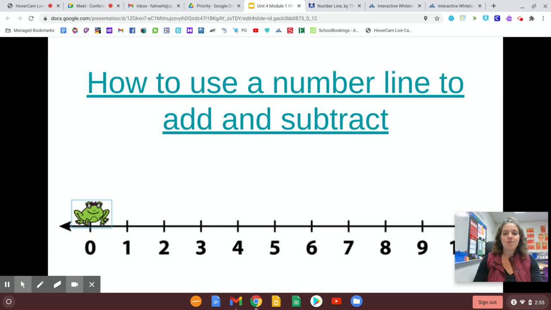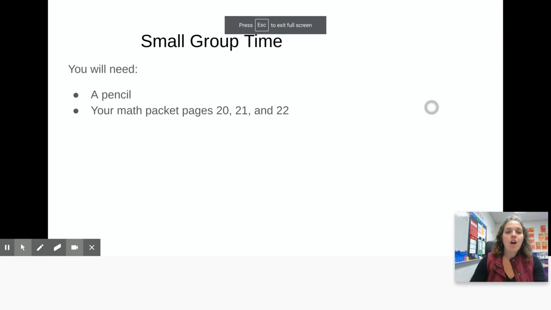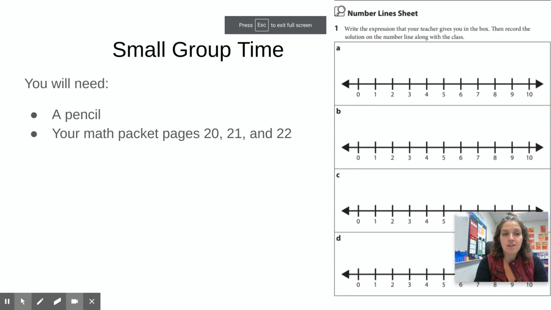All right. So today, during your small group, you will need a pencil and your math packet, pages 20, 21, and 22. So this math packet came home with you on Monday, or if you were absent, it came with you on Tuesday. They were in your purple folder. You had 2 math packets in your purple folder.